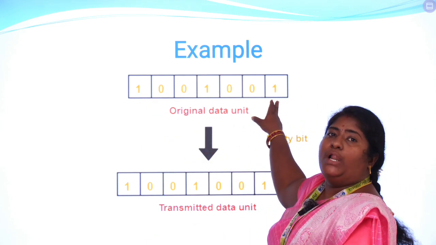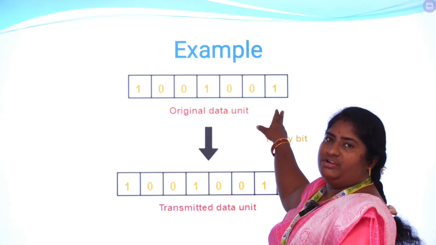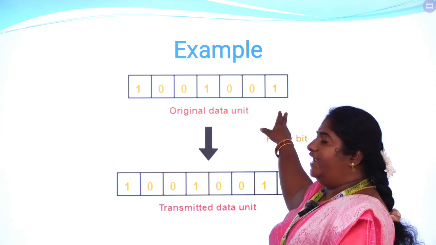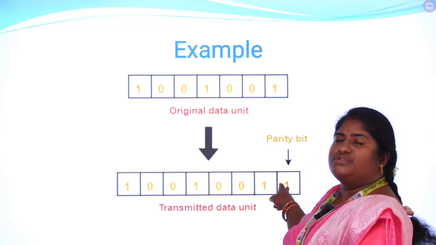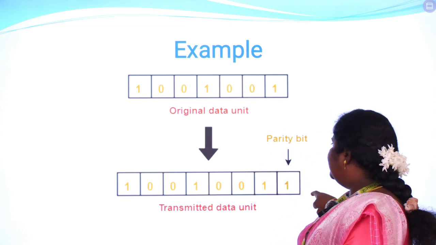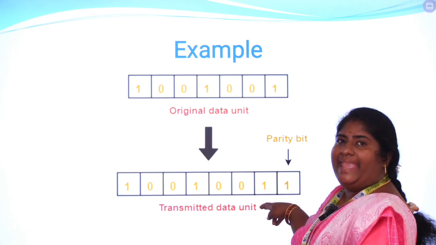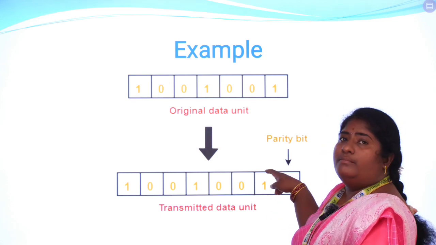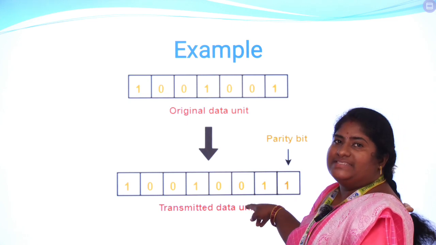So I have an odd number of ones, which means I have to append the value 1 at the end of the data I am going to transfer. This is called a parity bit. I append the parity bit at the end of the original data unit before the data is transmitted. So this is called a single parity check.